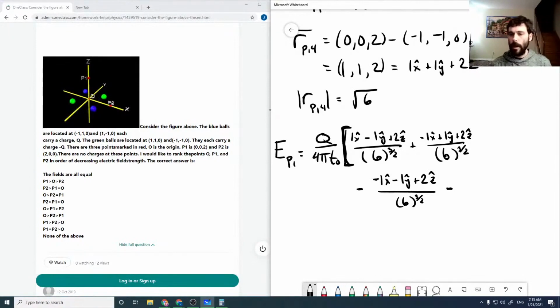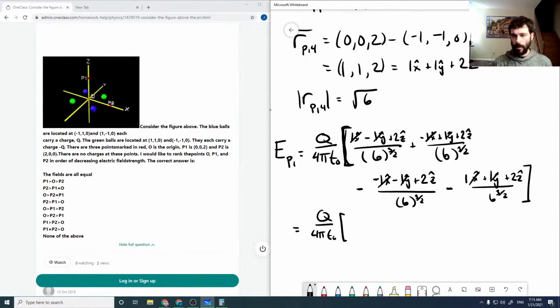And then this will be minus 1 x hat plus 1 y hat plus 2 z hat over 6 to the 3 halves. Okay. So we can see again that these cancel, this will cancel with this, and we're going to end up with Q over 4 pi epsilon naught.